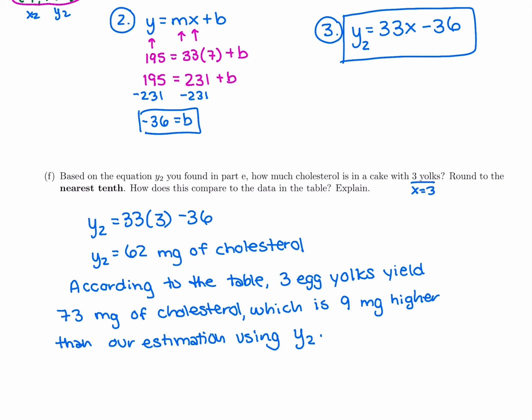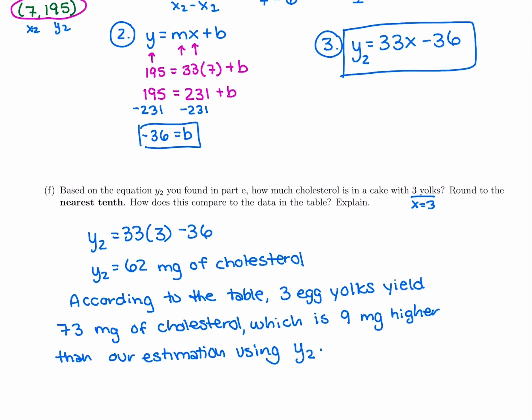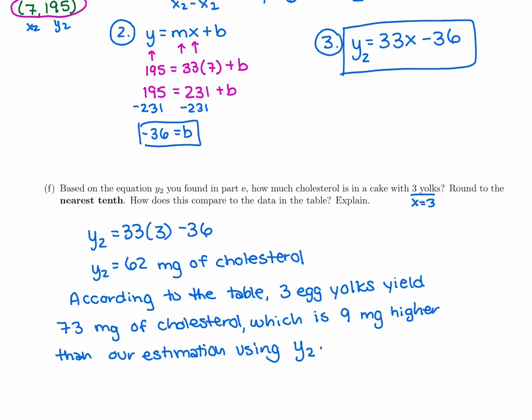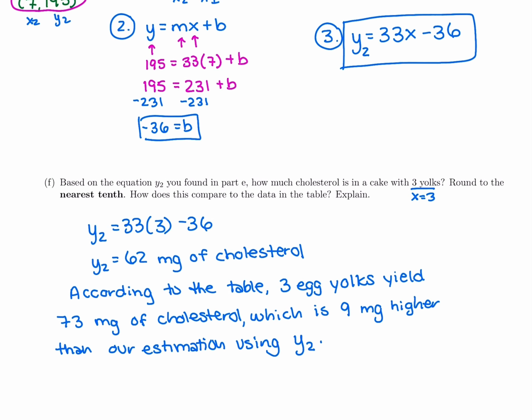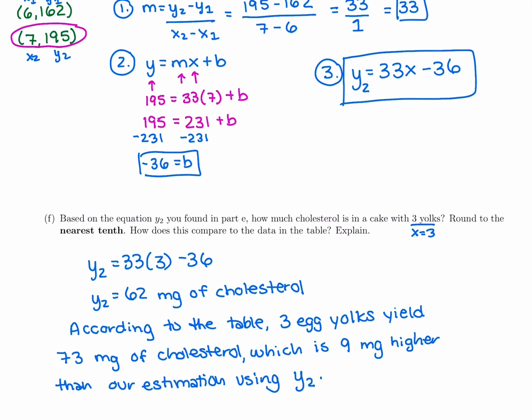So y2 didn't give us a perfect answer. It was 9 milligrams less than what was on the table, or what was on the table was 9 milligrams higher than what we found using y2. So not perfect, but it gives us a guess without needing a graphing calculator to do regression for us.